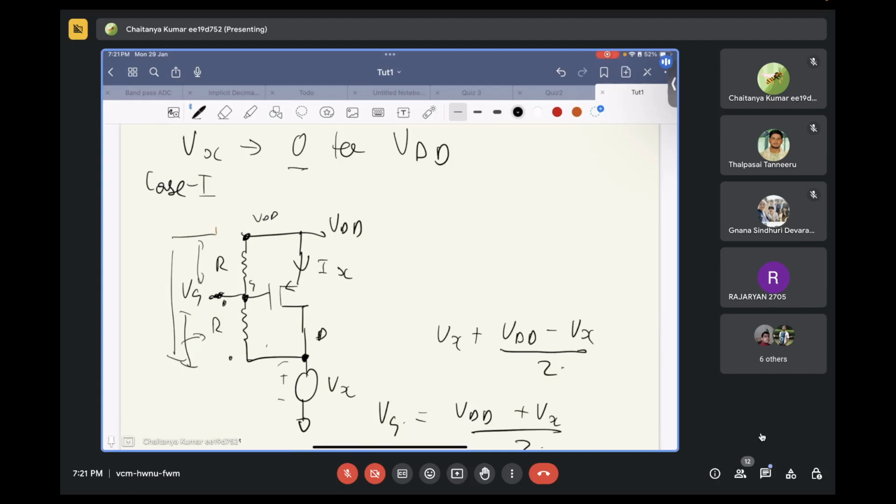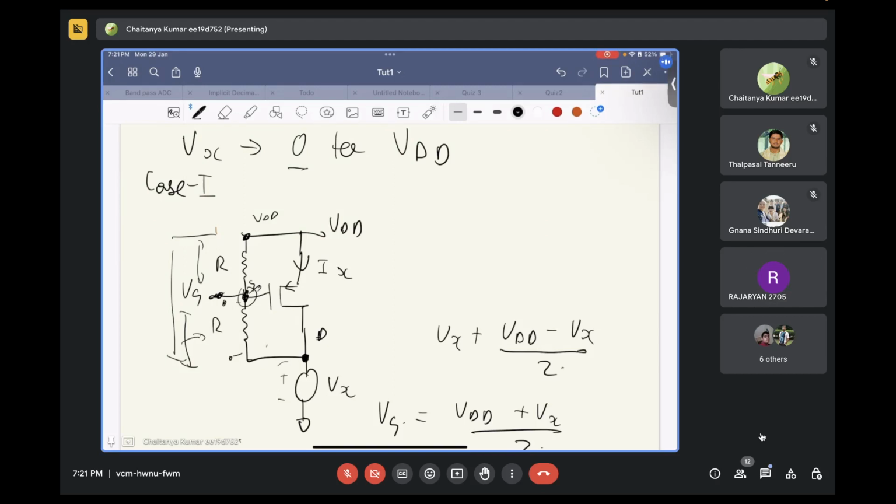In that case, this voltage will always remain higher than this voltage, because the gate voltage will be Vx plus the voltage drop across this resistance, which will be positive when your Vx is varying from 0 to VDD. Do you guys follow? Yes, sir. So your gate voltage is always going to be greater than your drain voltage.